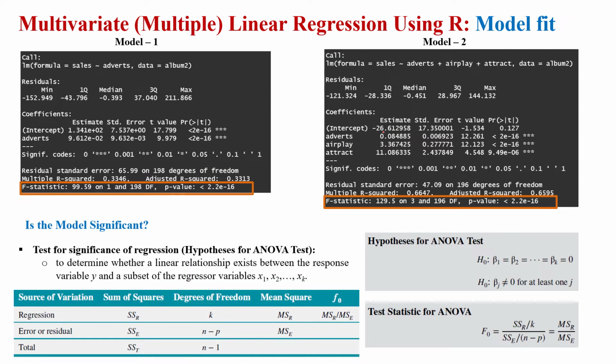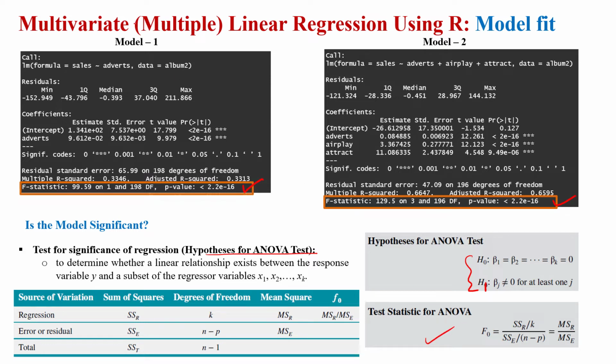So how can we do that? We can do that with the help of the ANOVA test, where H naught looks like this. This is basically the H1, where at least one of the beta j's is not equal to 0. This is basically the formula, but in R we are getting these results.